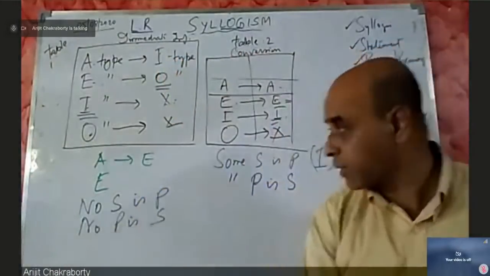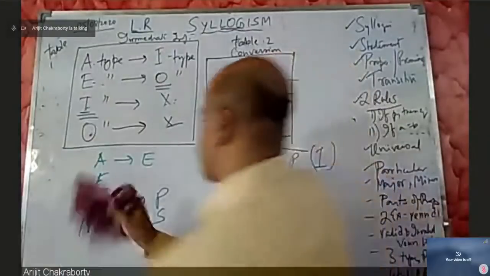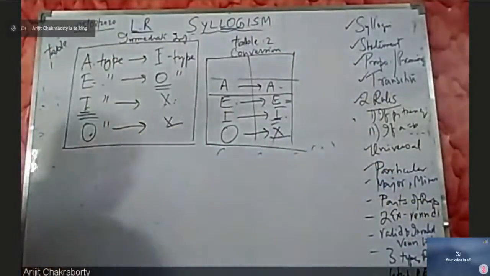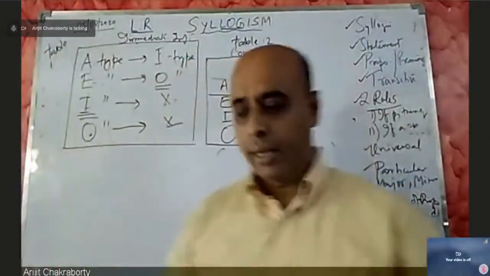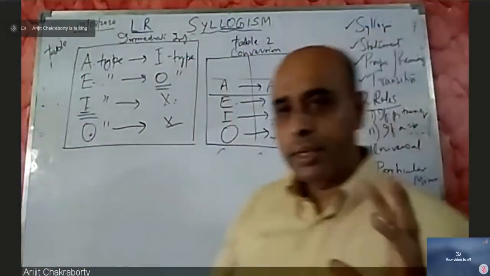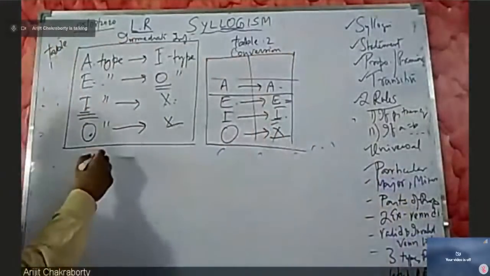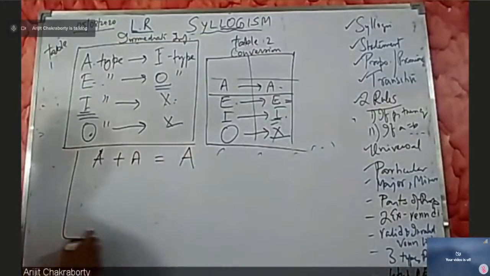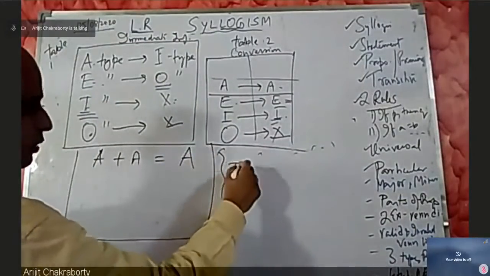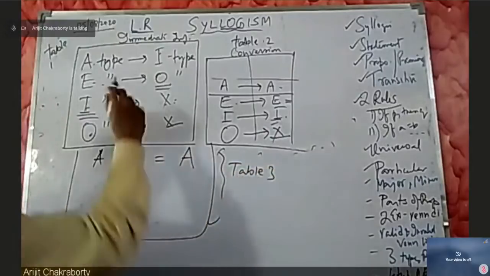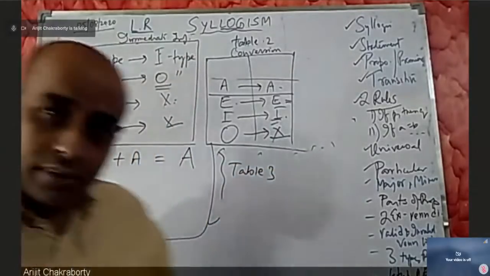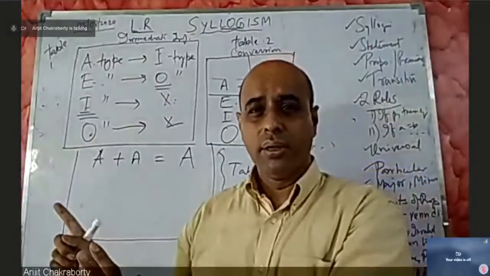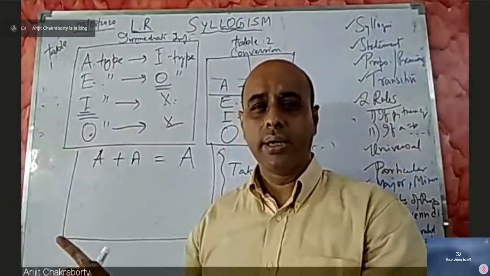The last table, table 3, the last important table, and then we start solving the problems. Please take this very, very seriously and carefully, because this will be your main area to understand.